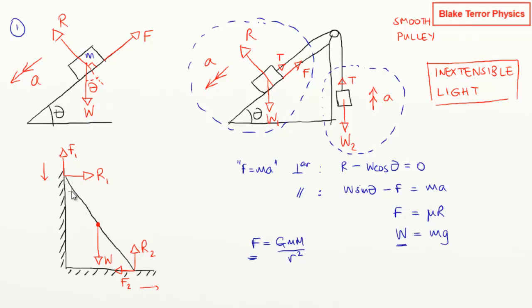The ladder one is a little bit different because we've got a much more extended object here where we're going to need to start looking at moments, how the ladder might be rotating, because if this ladder starts slipping down the wall, it's going from being oriented that way as it slides down to eventually being flat.